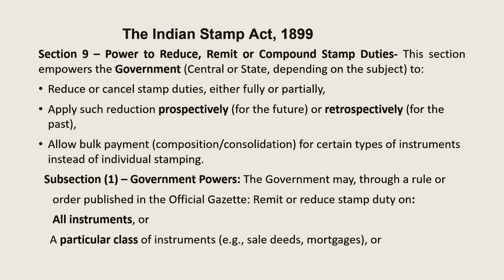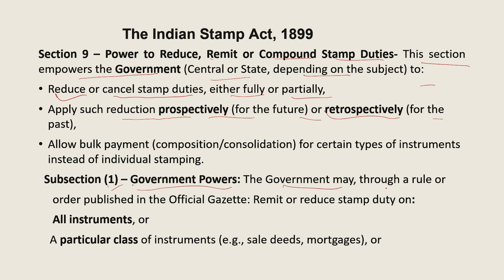Section 9 discusses the power to reduce, remit or compound stamp duties. So this section empowers the government, central or state government depending on the subject, to either reduce or cancel the stamp duties, either fully or partially. This applies as a reduction, prospectively for the future or retrospectively for the past. So subsection 1 says, what are the government powers?